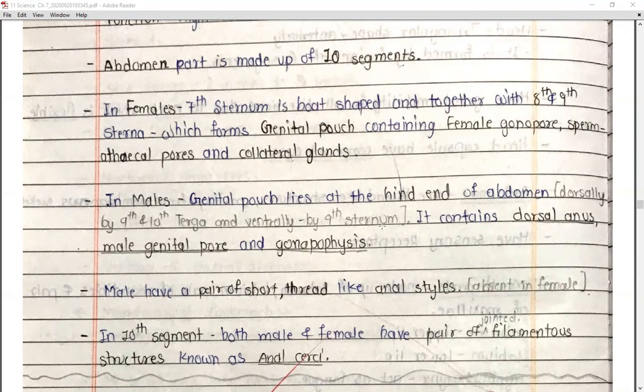On the dorsal side, it is present on the 9th and 10th segments, and on the ventral side, it is present by the 9th sternum, right? And this genital pouch contains what? The dorsal anus, male genital pore, and gonapophysis. This also you are going to study in detail in the reproductive system.